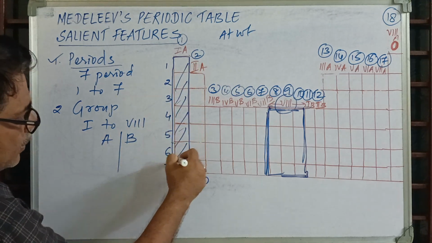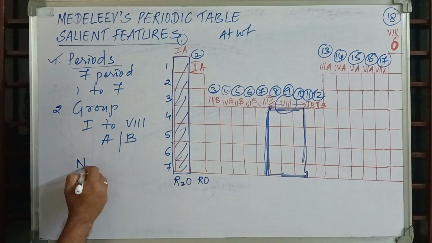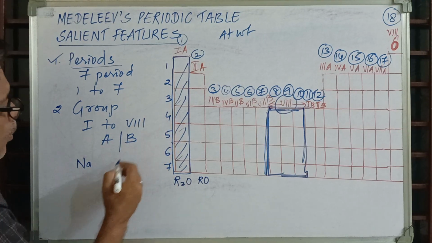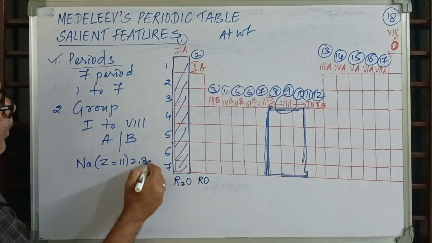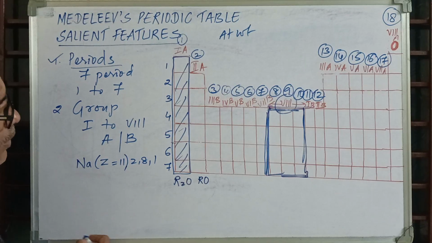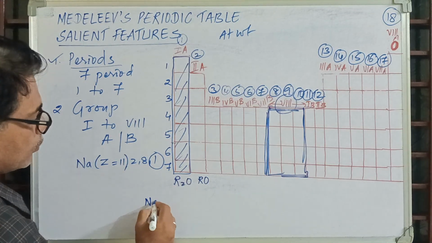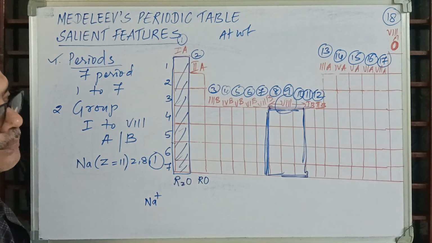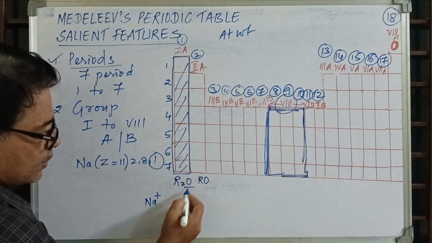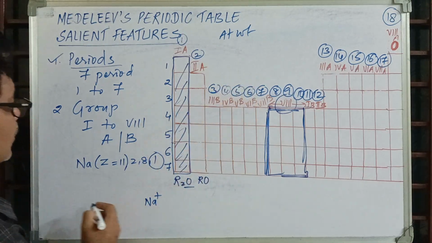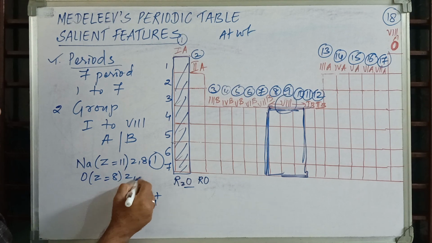Let us treat the elements in this first A as R. I will take sodium for example. What is the atomic number of sodium? It is 11, so the electronic configuration is 2, 8, 1. So its valency is +1. Let me write down sodium, +1 valency. Now it reacts with oxygen, which is understood as O. Oxygen's number is 8, so it is 2, 6.